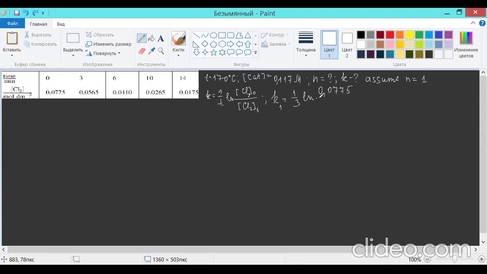So divided by 0.0565. Let me take a calculator to get the numerical value.